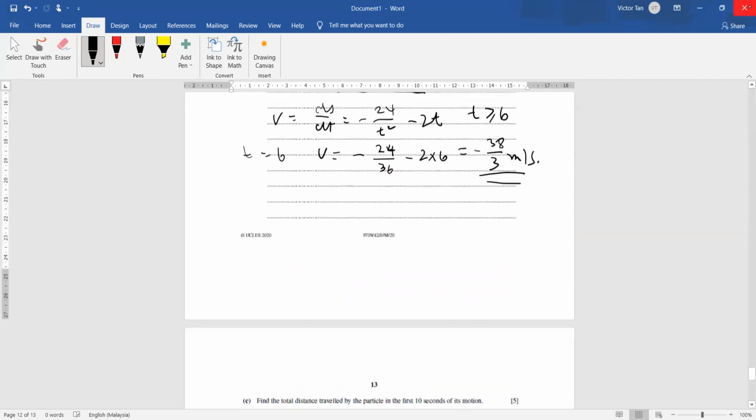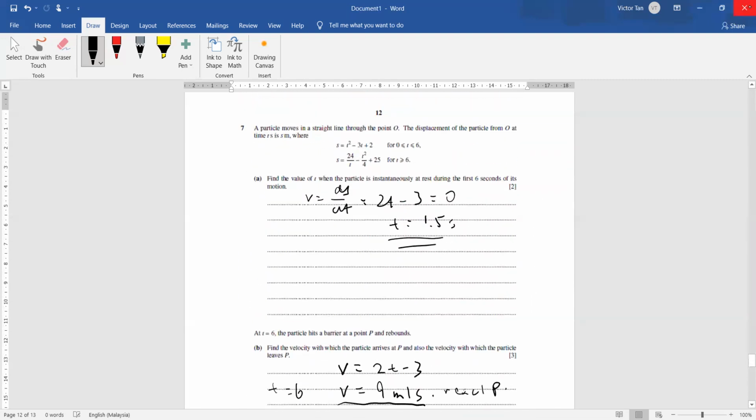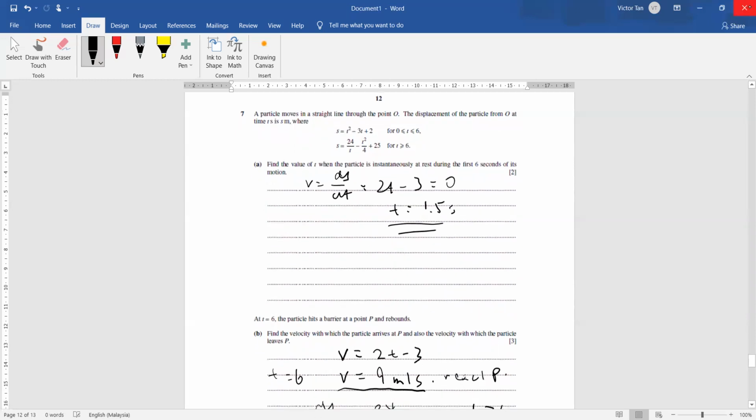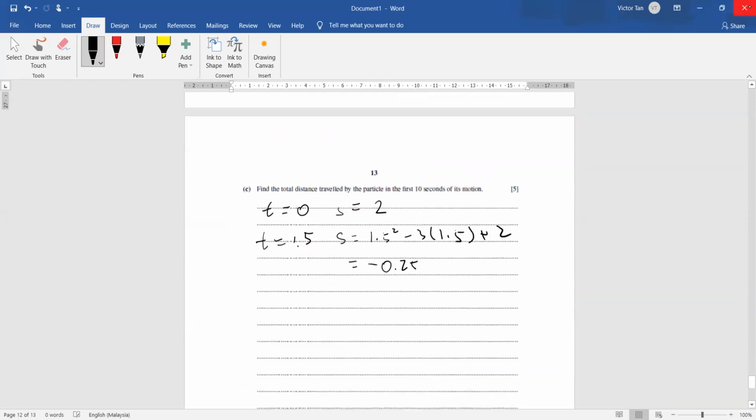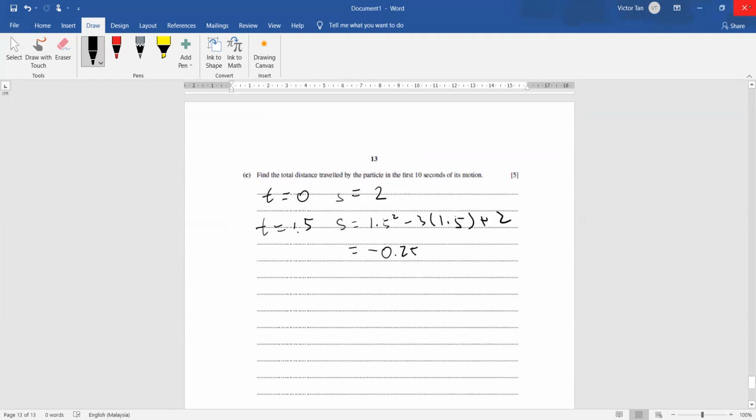So at t equals 1.5, you should get s equals minus 0.25.